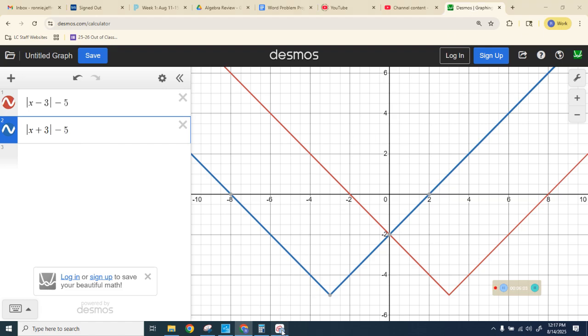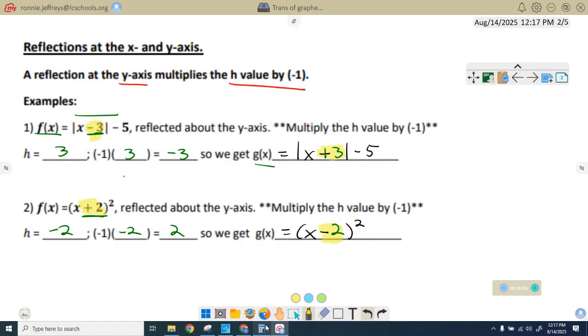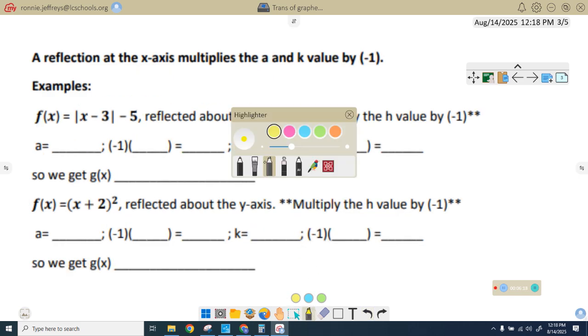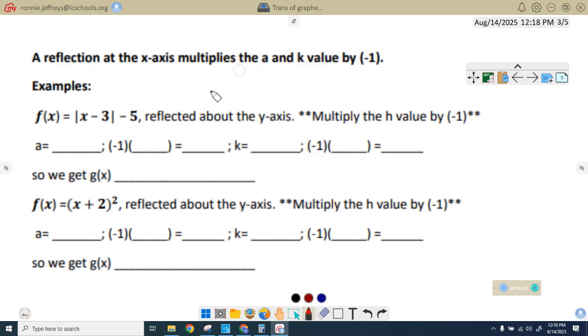Now, we're about to do it for the x-axis, which is like a horizontal flip. So that's why we have to multiply the a and the k. Wait, why does it say h value?